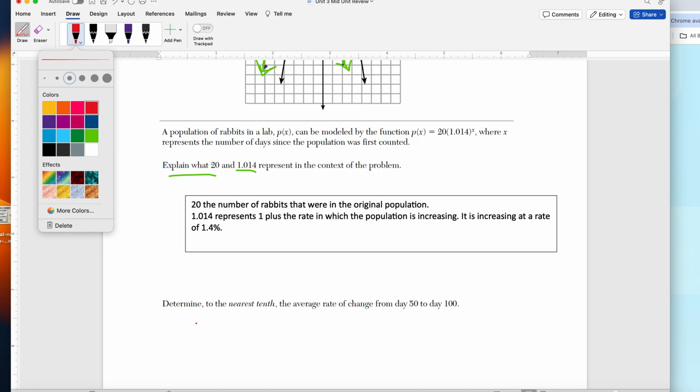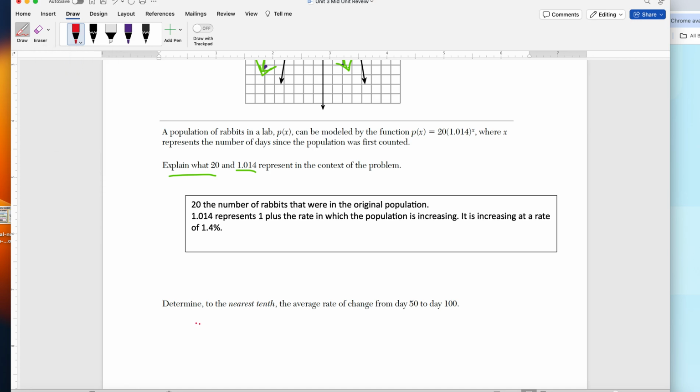All right, so 20 times 1.014 to the 50th day. This is when x equals 50, so P of 50.